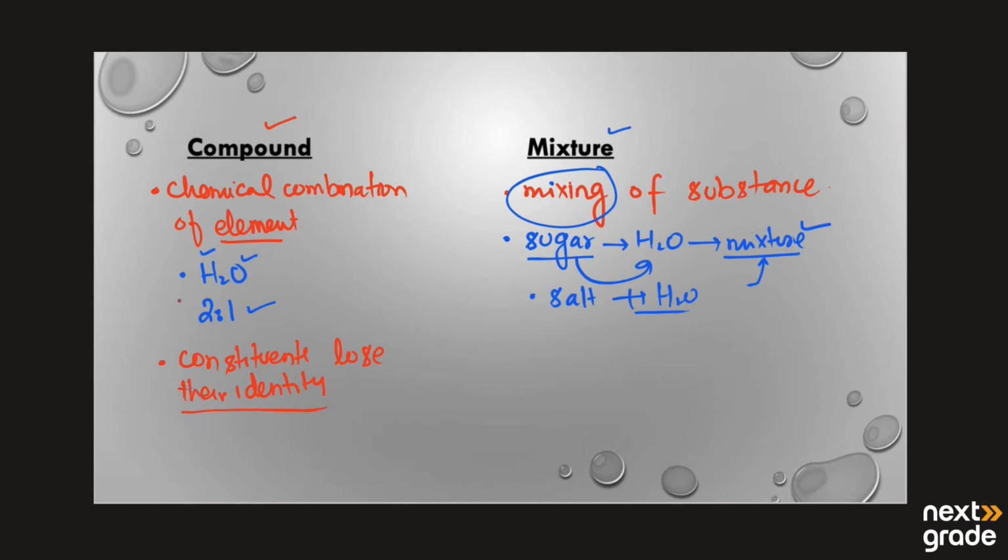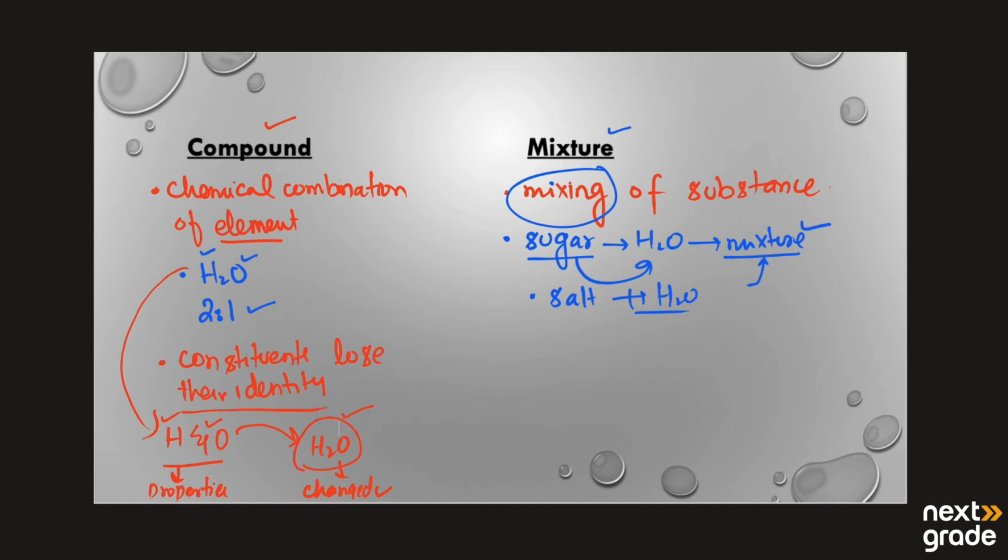Before the formation of the water molecule, there is simple hydrogen and oxygen. When they combine chemically, they form water molecules. Their properties are entirely changed after the formation of the water compound. So the constituents lose their identities and have new identities.